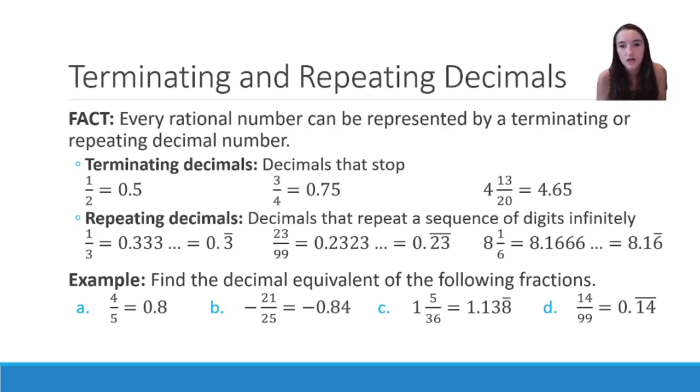We can still type in 5 divided by 36 to get 0.13, and then the 8 is repeating. But we have to remember there should be a 1 out front. That is not 0.138 repeating, it's 1.138 repeating, because we only need our calculator to tell us the decimal part, but the whole number is right there. It's the 1.